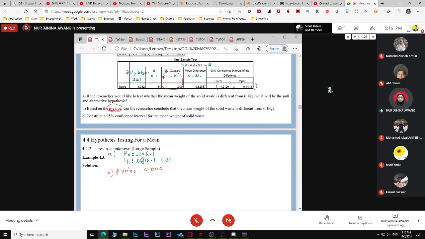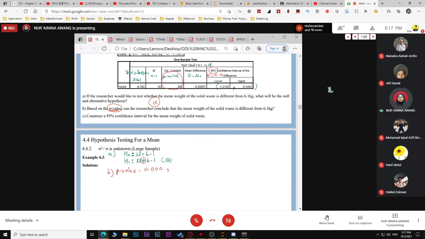Okay, and now the problem is the question does not give you the value for alpha. So how do we know what our value for alpha is? If it is not given, you check with your output. Since this is a 98% confidence interval, your alpha is 0.02.